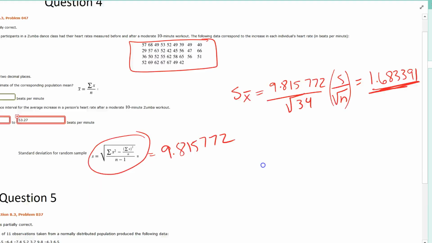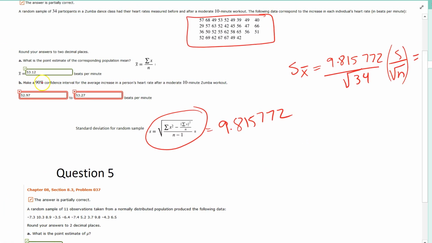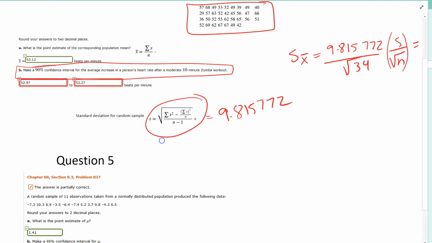And that is going to be useful when I'm looking for this 90% confidence interval. Right? So I'm looking for an x bar plus or minus t times s of x bar. So I know everything but t, and then t is found in the table.